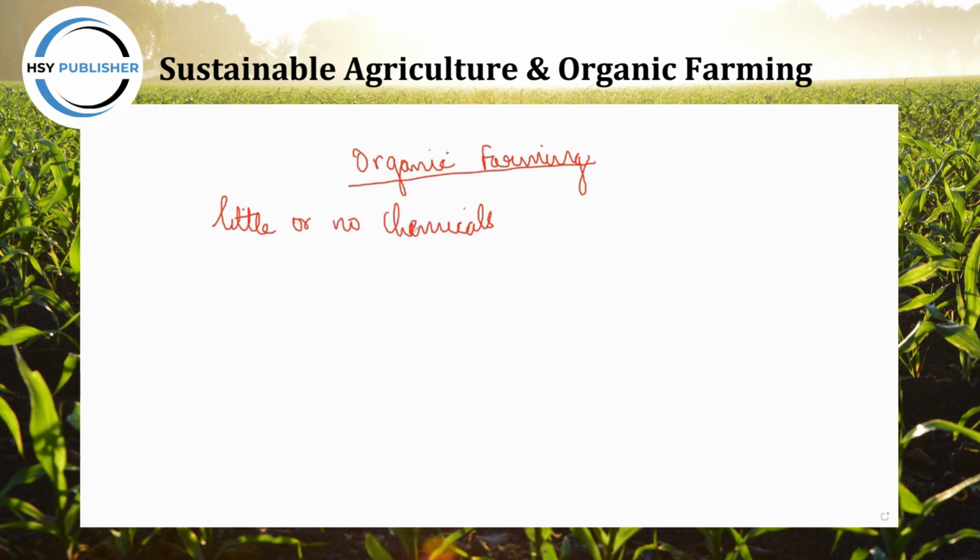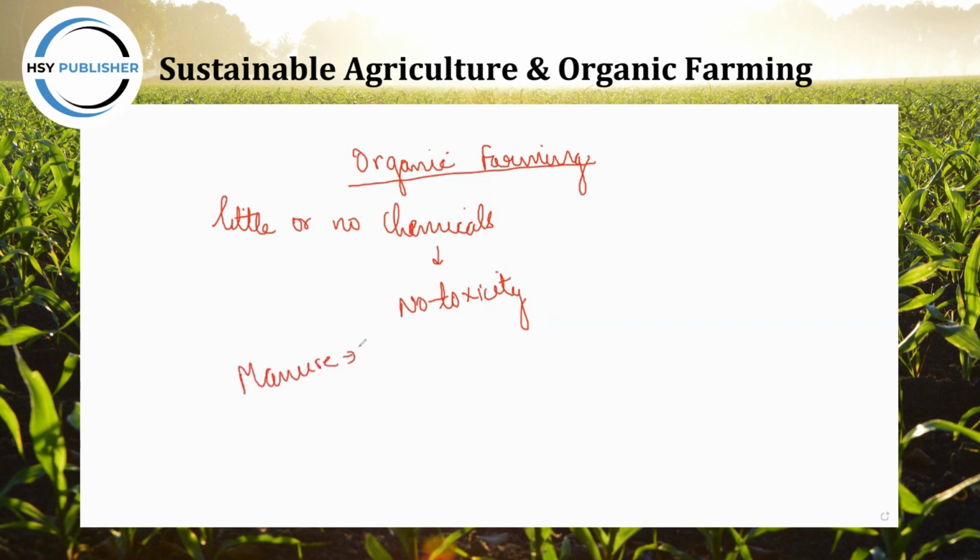If no chemicals, this means no toxicity, and no toxicity means the food we get is free from pesticides and toxic chemicals.